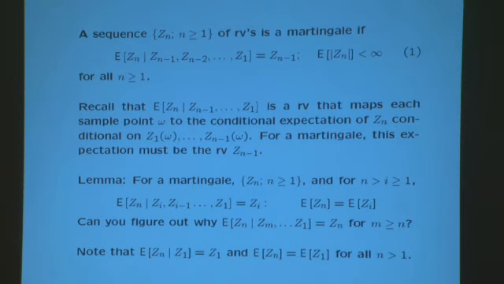If you understand this, you understand what conditional expectations are. If you don't understand it, you've got to spend some time really thinking about what conditional expectations are. Okay, how many people can see why this, in fact, has to be Zn and not something else?